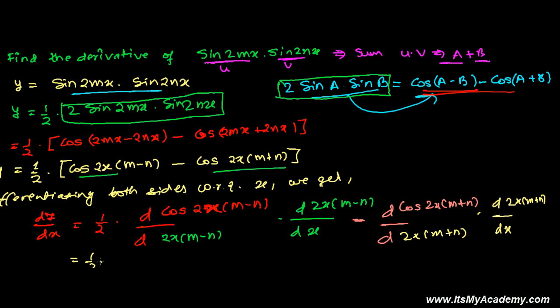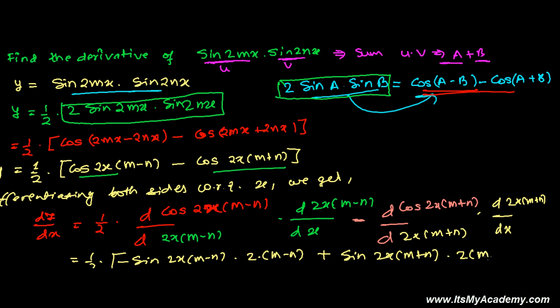Now it's half times, the derivative of cos of angle is minus sine of angle, so minus sine 2x(m minus n), and the derivative of 2x(m minus n) is 2(m minus n), since the derivative of x is 1 and the rest are constants. Then minus, in a big bracket, the derivative of cos 2x(m plus n) is again minus, so minus minus becomes plus sine 2x(m plus n), and the derivative of 2x(m plus n) is 2(m plus n).